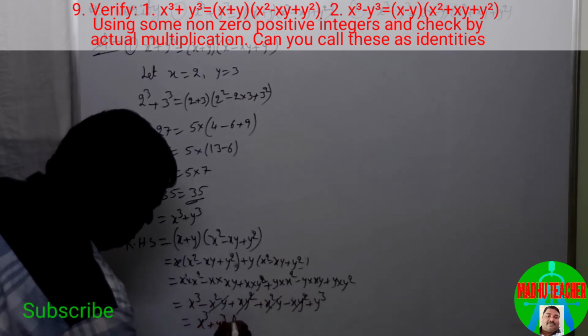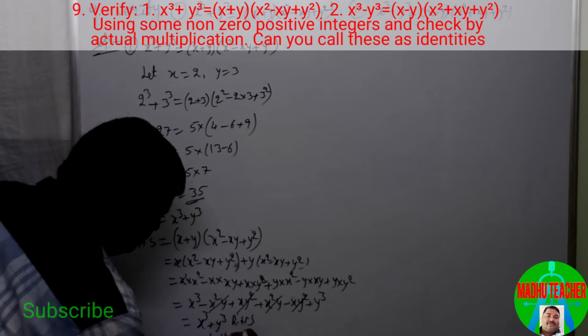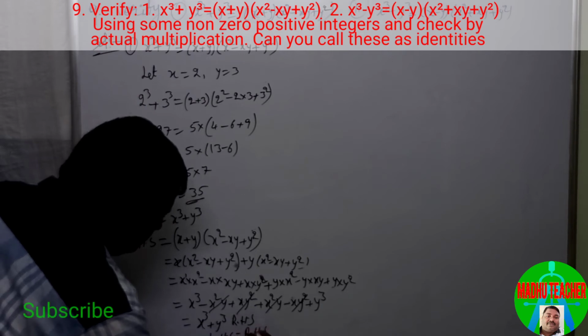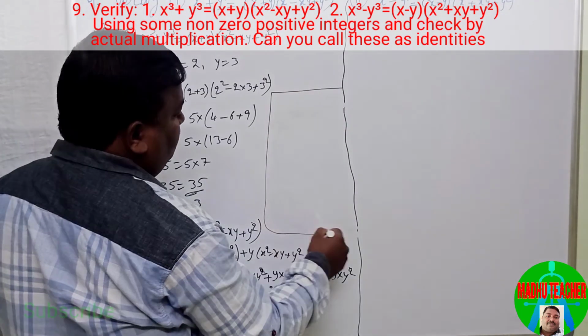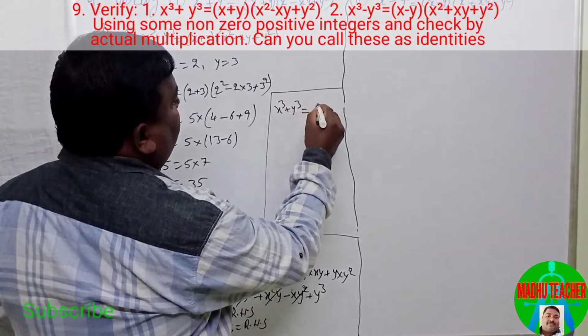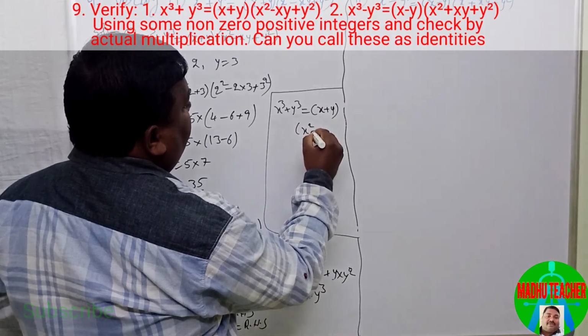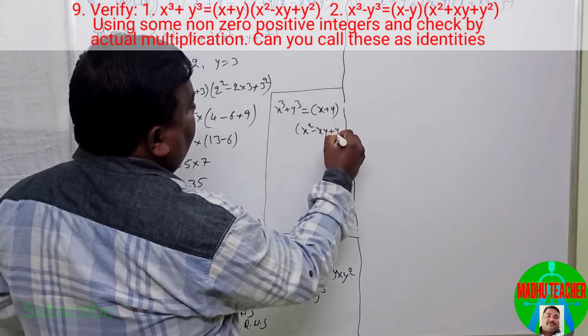So what is this? RHS. Therefore LHS equal to RHS. Therefore we conclude that x cube plus y cube equal to x plus y into x square minus xy plus y square.